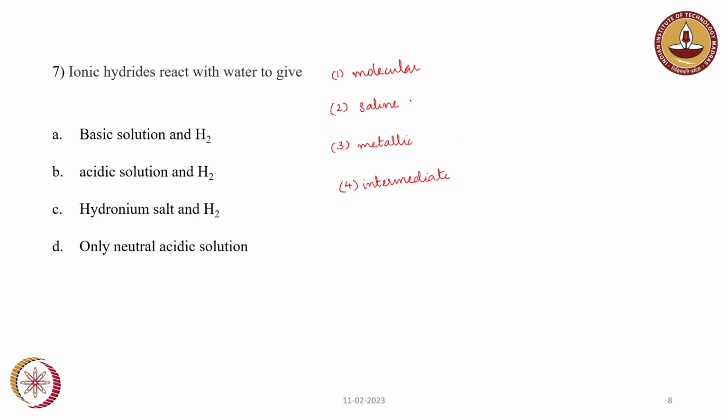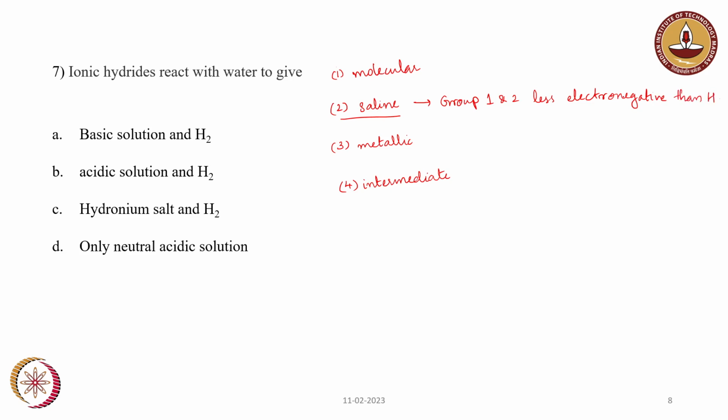The saline hydrides are formed by electropositive elements of group 1 and group 2, and they are ionic solids with high melting point. Group 1 and 2 elements are less electronegative than hydrogen.